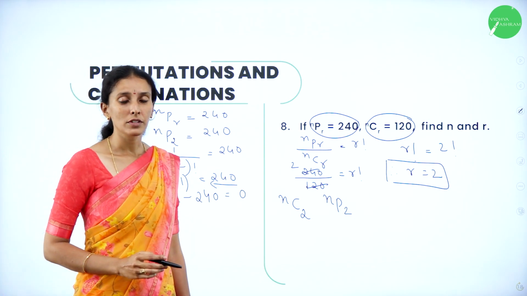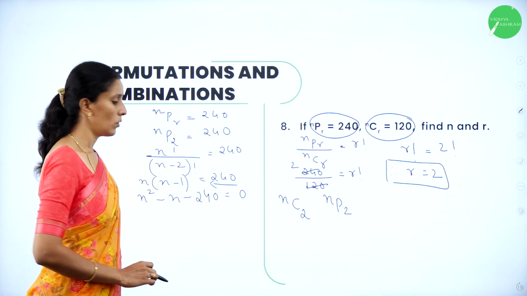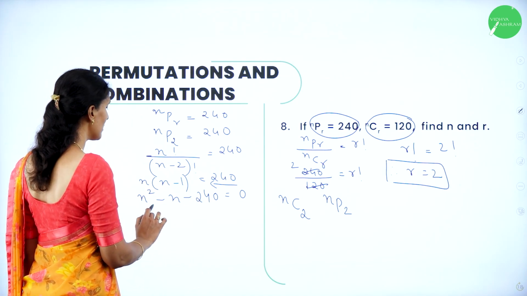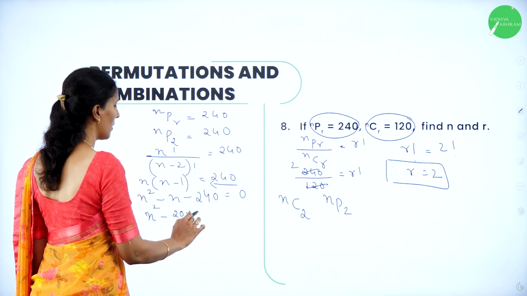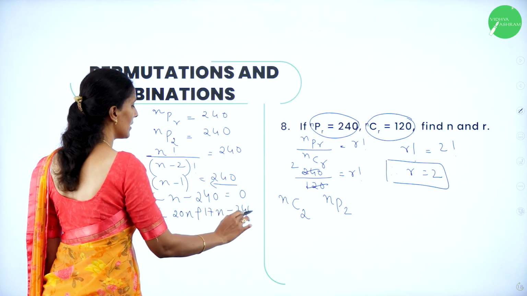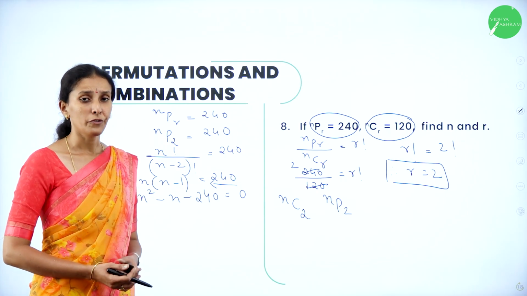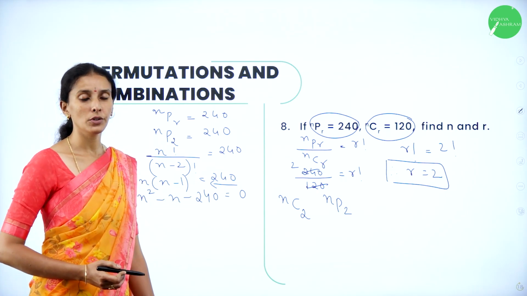So we have to use the quadratic formula. So we got n square minus n minus 240 is equal to 0.